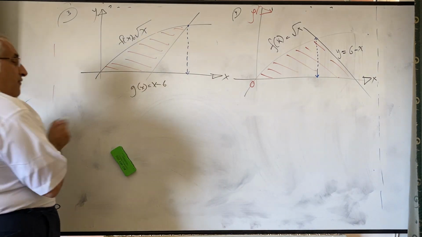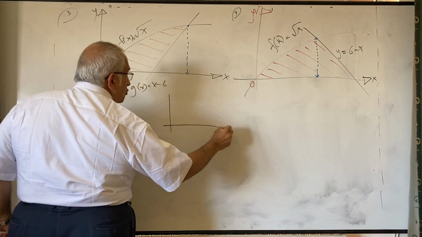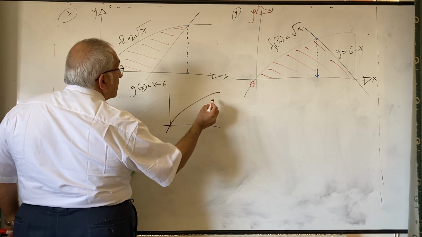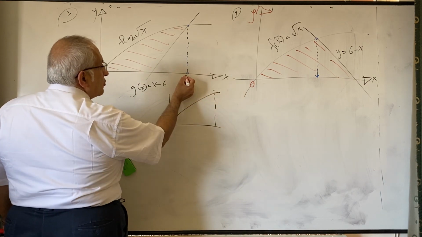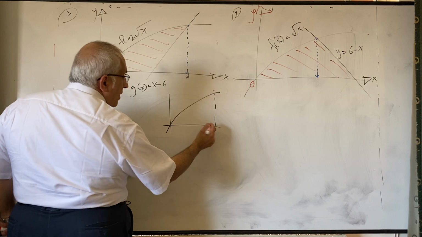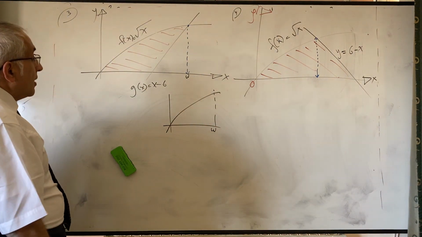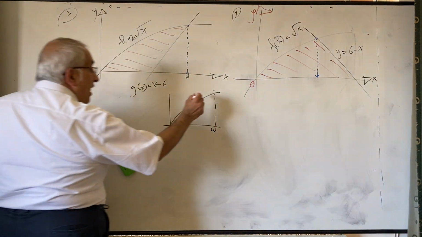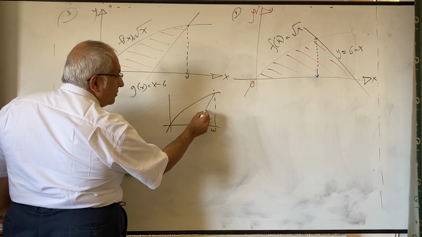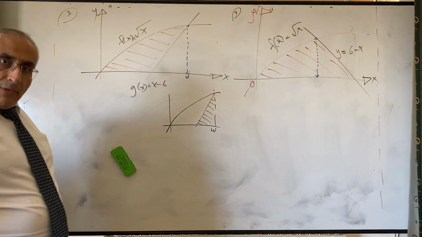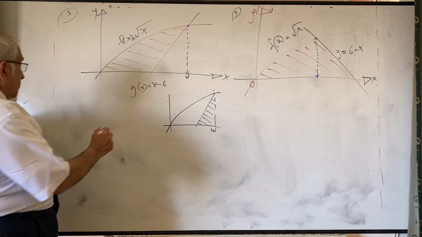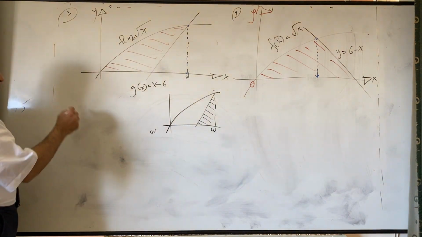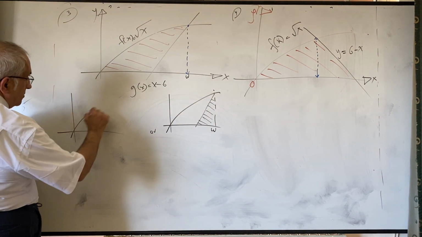Can I find this area first? This is the thinking thing that you need. Should I find the area, all of it? Let's call this point W. I haven't found it yet. And then subtract from it the area of the triangle. Yes, you can. Or, if I'm smart, should I find this area first?